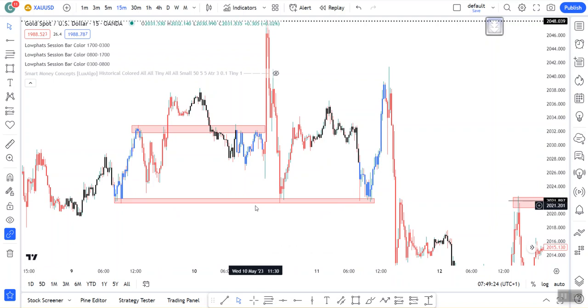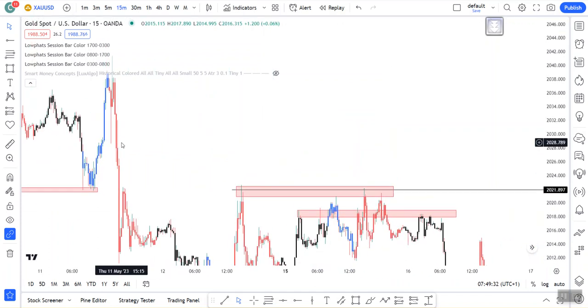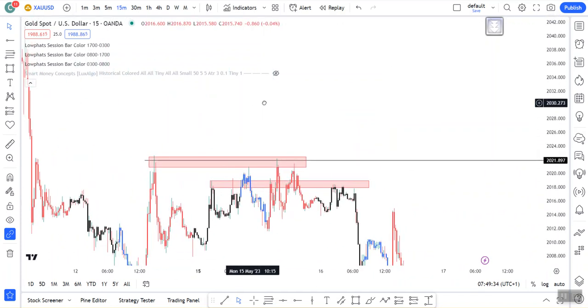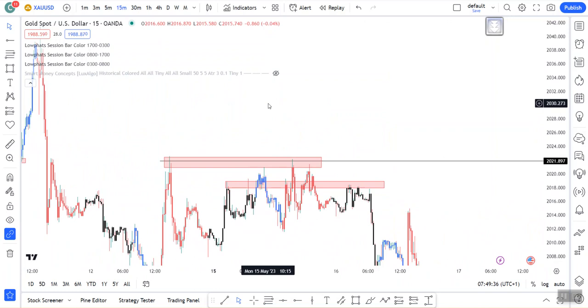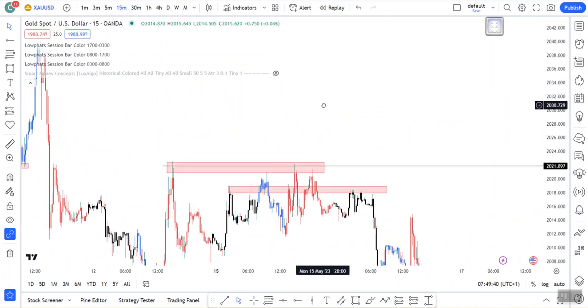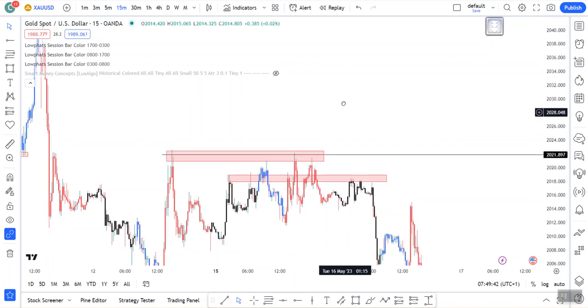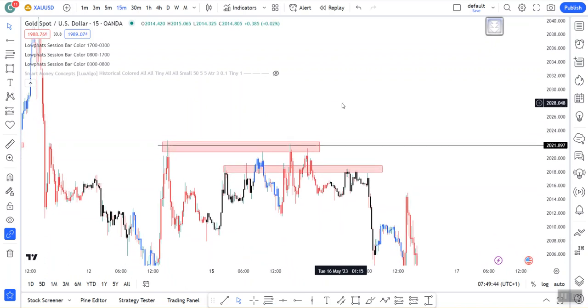So if I am in a London session, I know the area of the supply zone. I know the supply zone and the demand zones for US session. If I am in London, I know those areas. If I am in Asia, I know those areas.